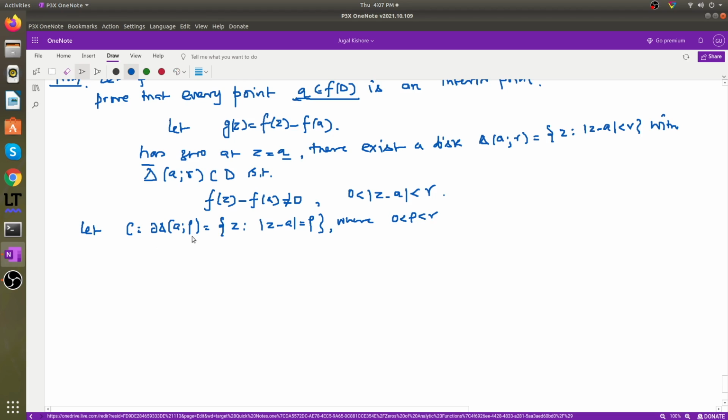For every rho, we get a concentric circle at center a of radius rho. So all these circles lie in this disk.